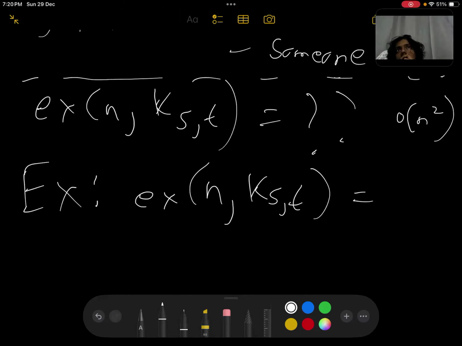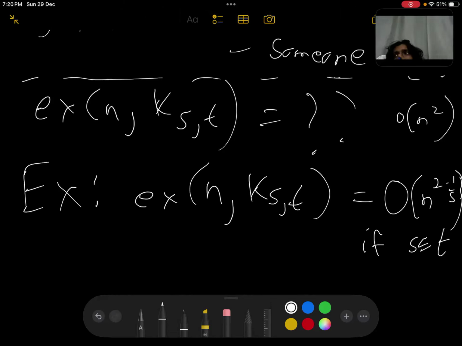Let me just check the exact form. Capital O of n raised to 2 minus... So this is more concrete. You still don't have the constant.